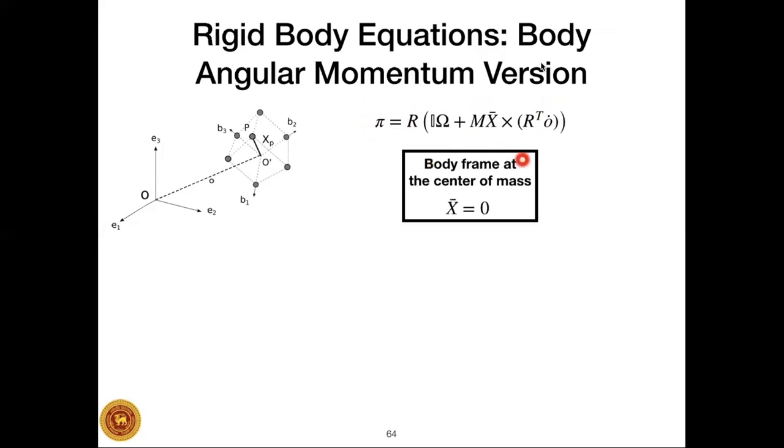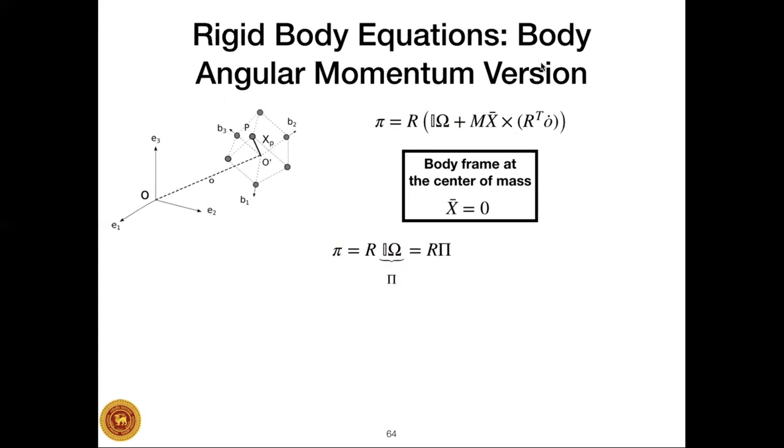Now if the body frame is fixed at the center of mass, this term becomes 0, and we have a very compact representation of the body frame version of the total angular momentum of the set of particles that comprise the rigid body. So this term becomes simply that.